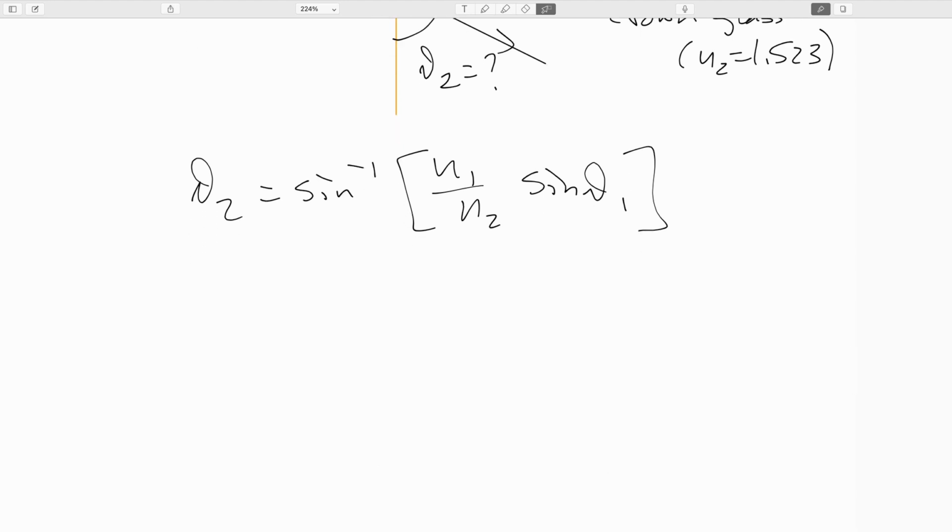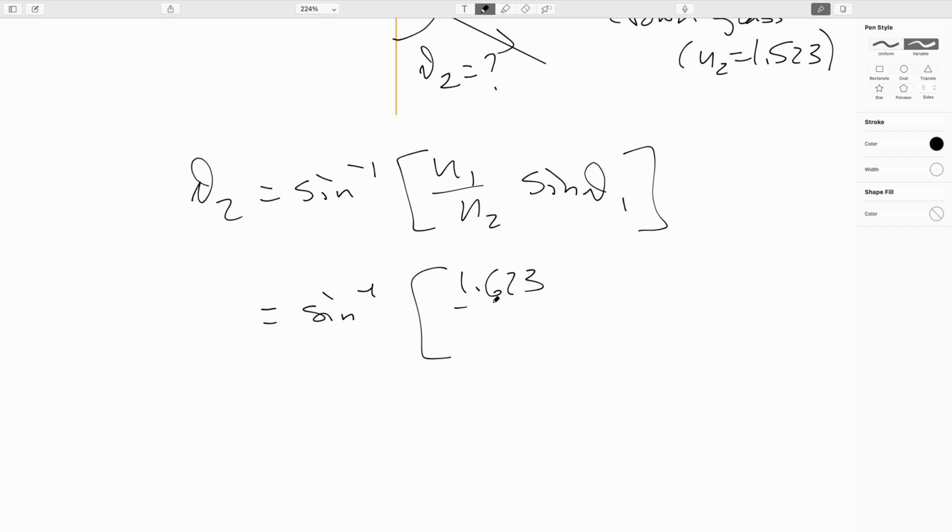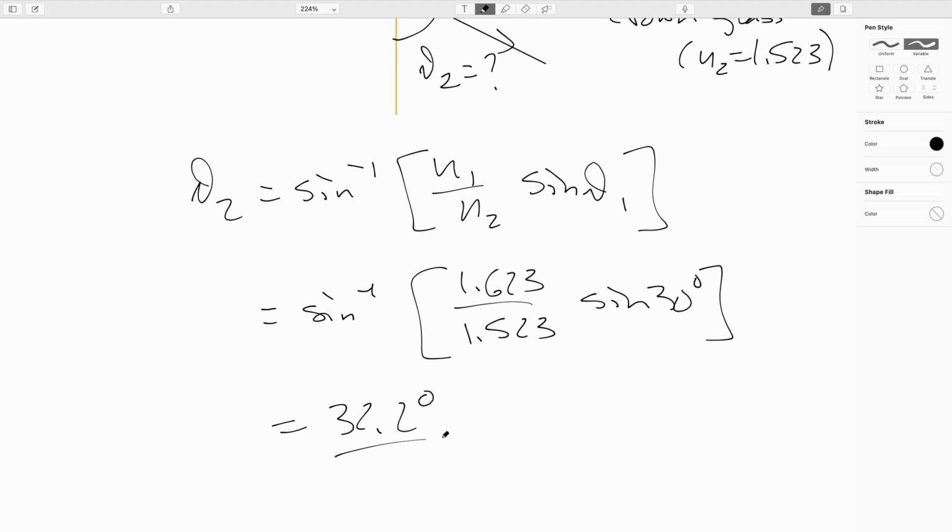So now we will be wanting to take the arc sine of 1.623 over 1.523 sine 30, which works out to be 32.2 degrees. Alrighty.